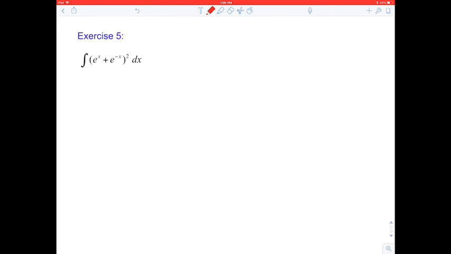Integral number 5. I don't think we can use the u substitution here, because if I let u be the inner function, I have nothing to cancel out. So I will simply expand this using (a plus b) squared, which is a squared plus 2ab plus b squared.